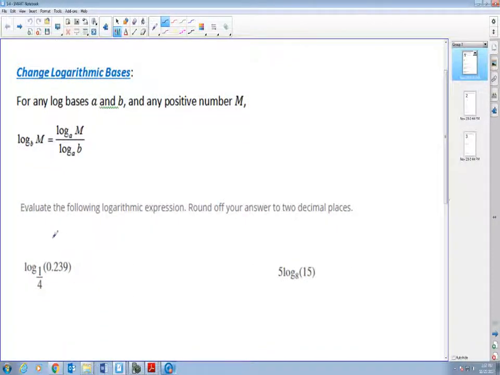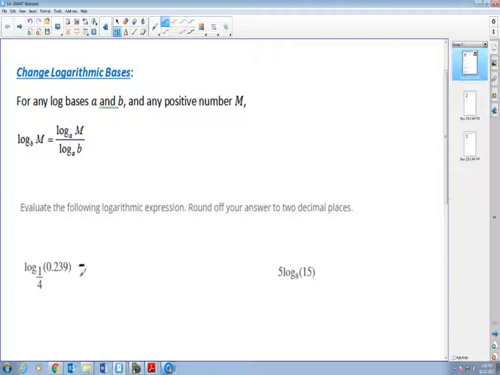So for example, evaluate the following logarithmic expression. Here I have log with a base of 1/4 of 0.239. There's no way I can change this decimal into a base 2 or a base 4, so in that case, what I can do is change the base. If I match up with the formula, my b is 1/4, my m is 0.239.